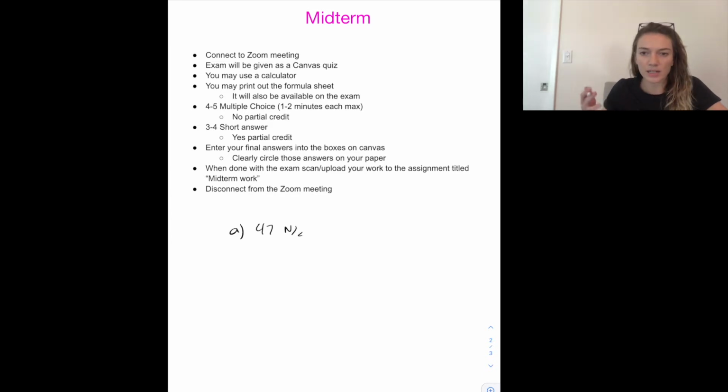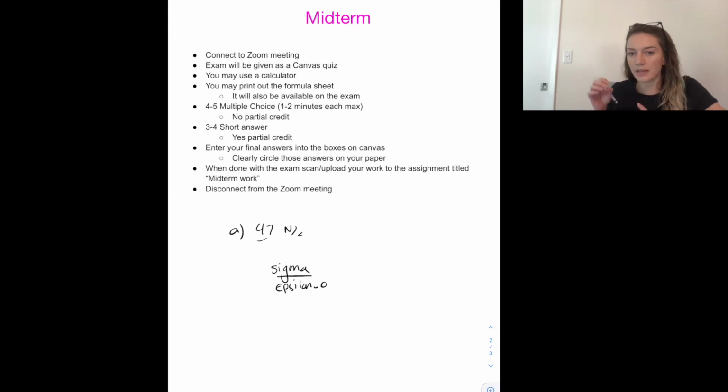You can just type 'A: 47', just so that it's clear that the work that you're submitting after the exam is the same work that you did during the exam when you had the Canvas quiz in front of you. Likewise, if there's a formula or something like that, let's say it asks for the electric field of something, you can just type out sigma over epsilon sub-zero.